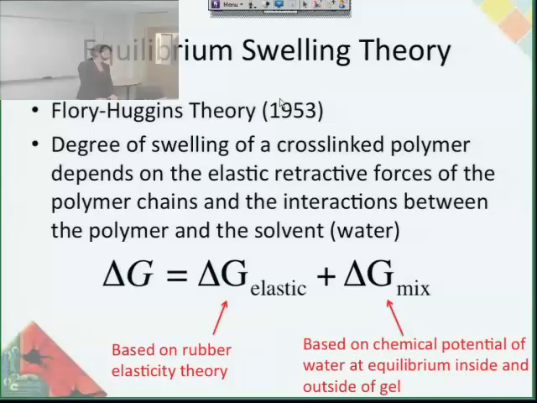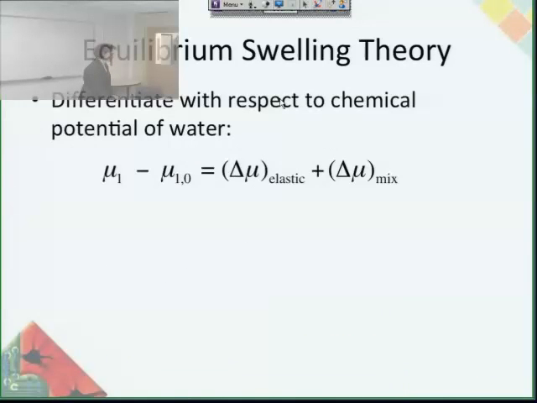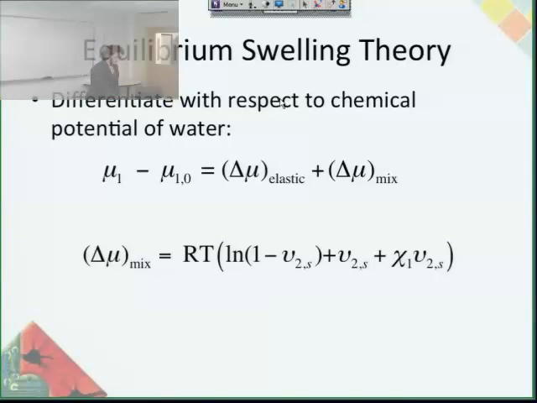But I want to start with how you derive the free energy for the actual swelling of the cross-linked polymer in water. And so that's the delta G of the mix. And that is based on the chemical potential of water inside and outside of the gel, which at equilibrium will be equal. So if you differentiate this free energy equation with respect to chemical potential, you get that the difference in chemical potential is the sum of the chemical potential due to the elastic retractive forces and to the polymer-water interactions.